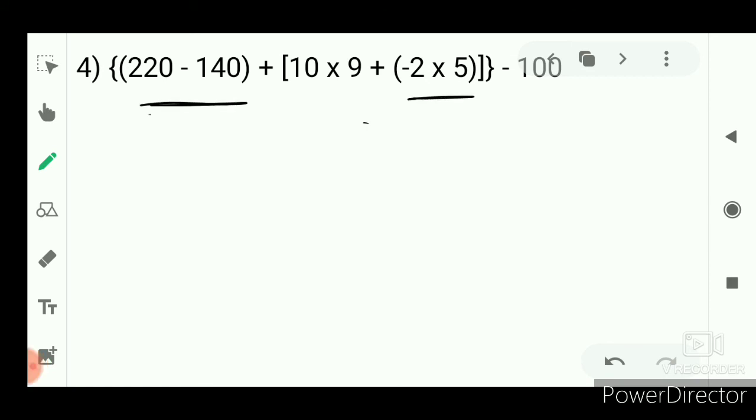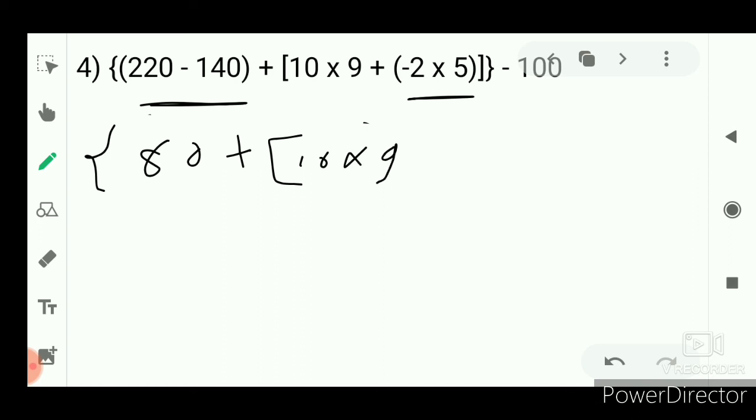Okay, so it will give, curly bracket will remain as it is, 220 minus 140. Okay, 220 minus 140, it will give 80, then plus will remain as it is, then under this bracket, 10 into 9 will remain as it is. We will solve the bracket first.